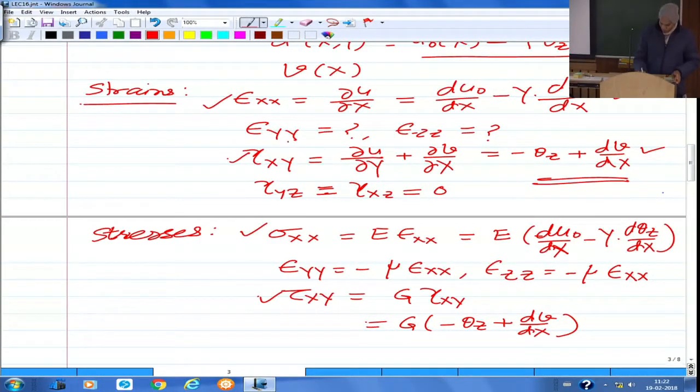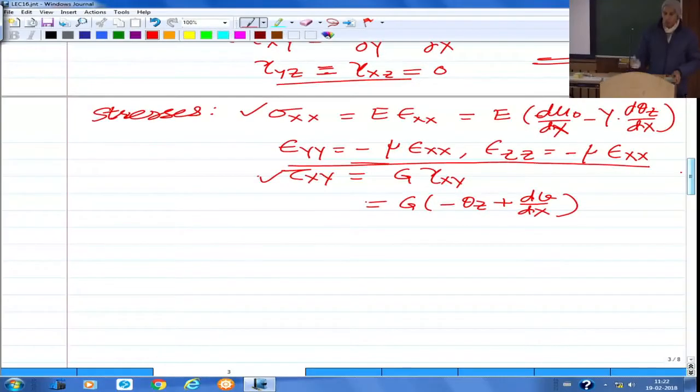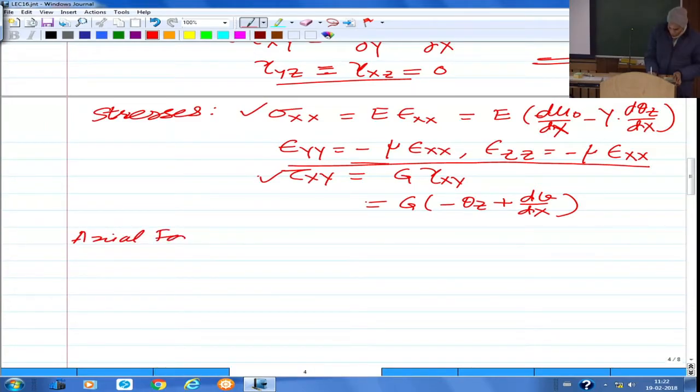Epsilon yy and epsilon zz are non-zero, but they are not independent, being given in terms of epsilon xx. So now let us look at the axial force, shear force and bending moment. We want to write them now in terms of these quantities.